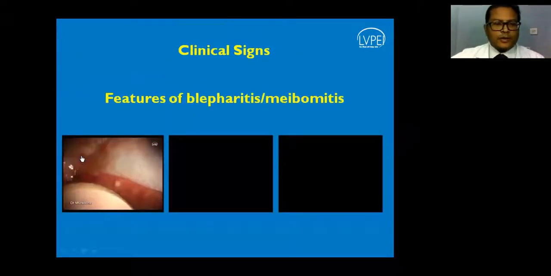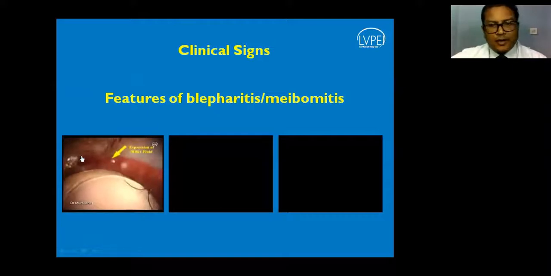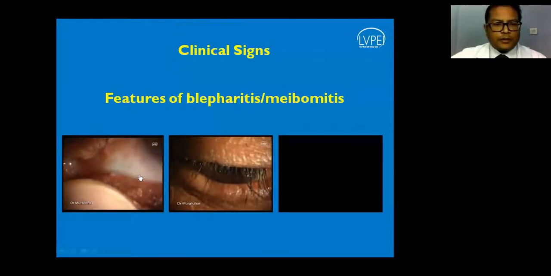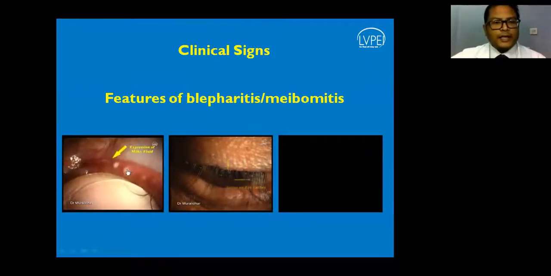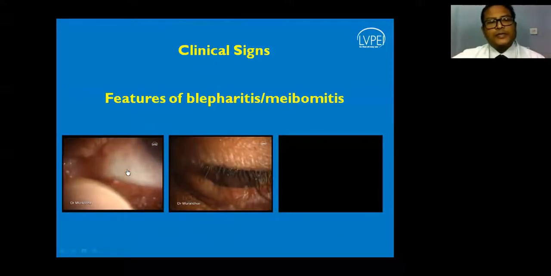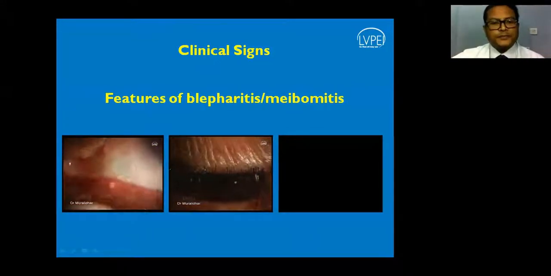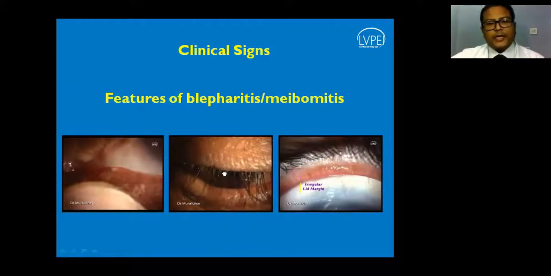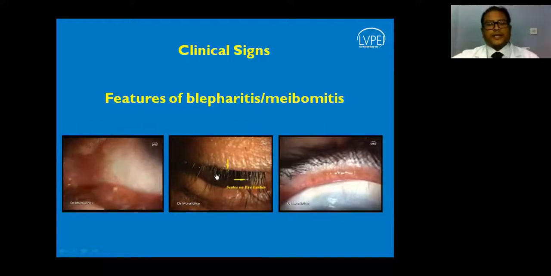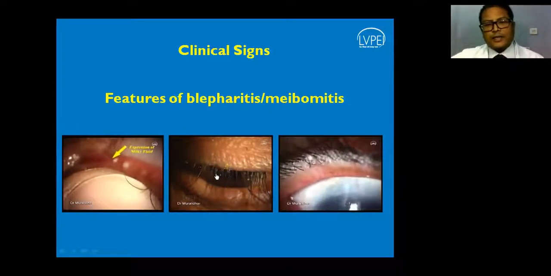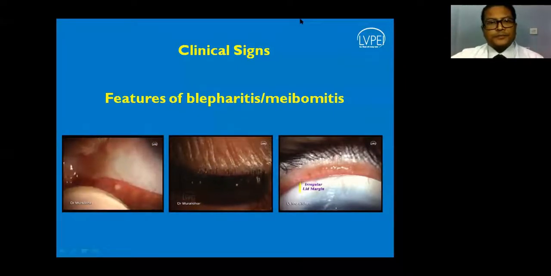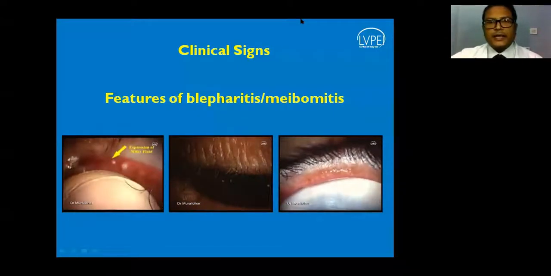So it's quite common to see, and yet very commonly overlooked in the clinic, the obstructed meibomian gland orifices and some expression of a milky fluid when one gently presses the lid margin. There may be some scales in between the eyelashes. These could be some signs of blepharitis, and there might be some notching of the posterior lid margin which suggests an irregular tear film.